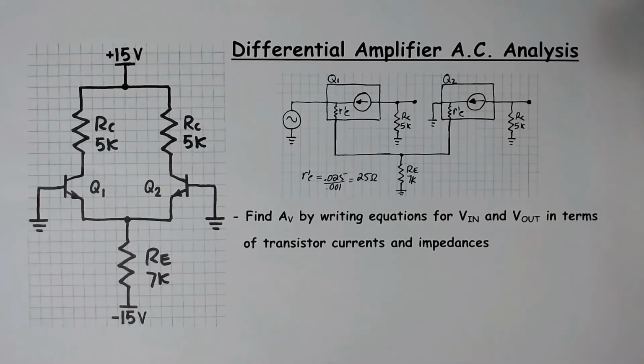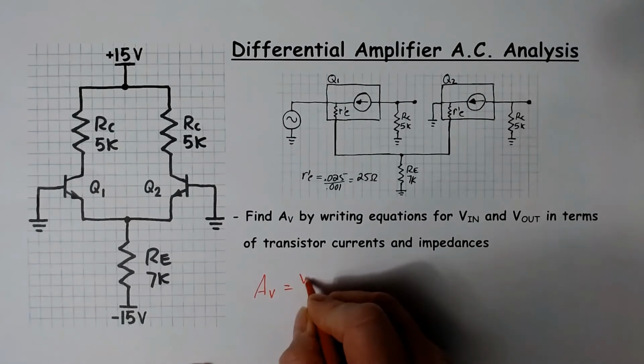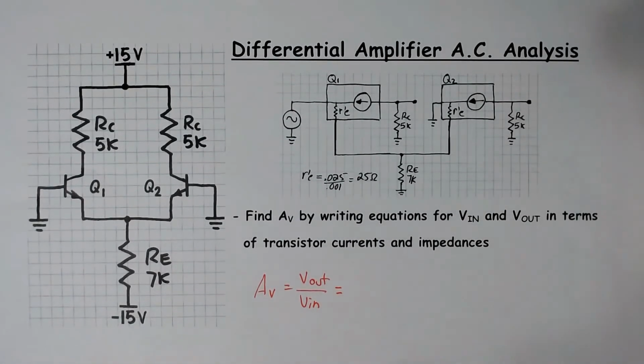Okay, last step here, finding the voltage gain is done by writing the equations for V in and V out in terms of transistor currents and impedances in the circuit. So this is done exactly the same way as we did it before. We say that AV is V out over V in. It's the output voltage over the input voltage.